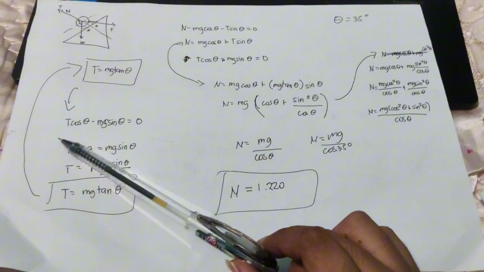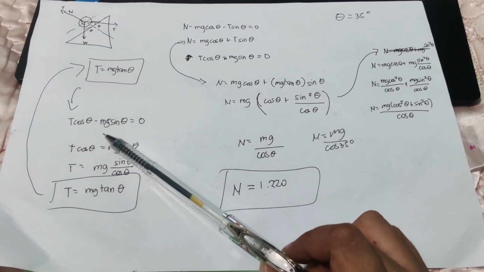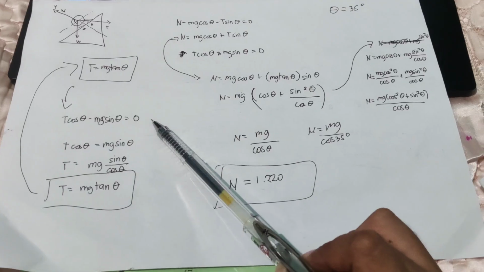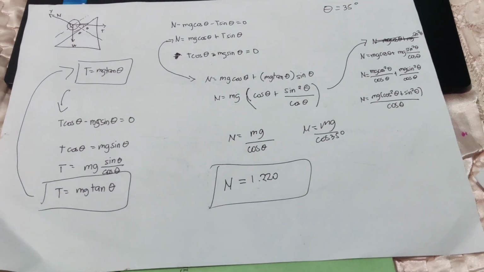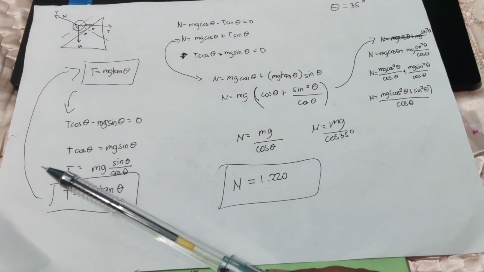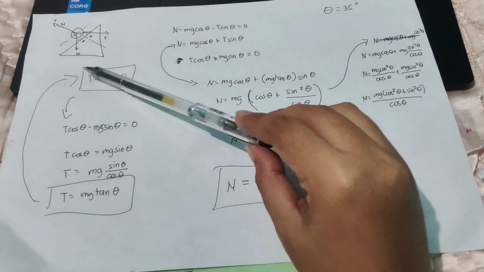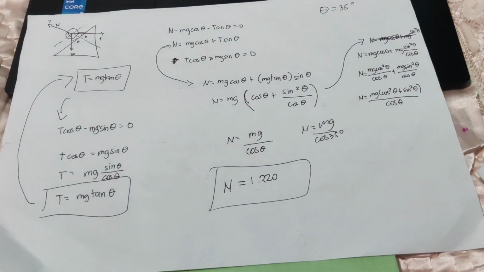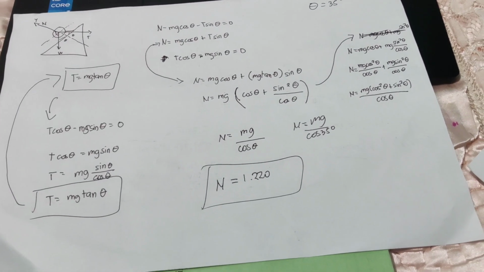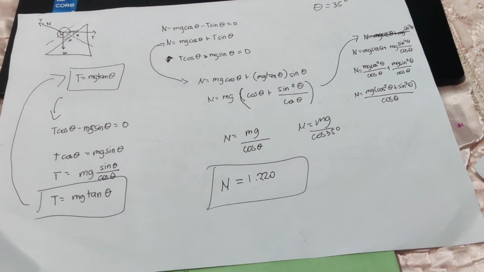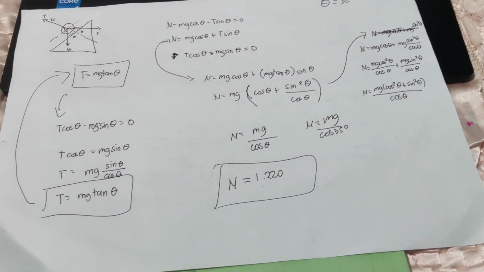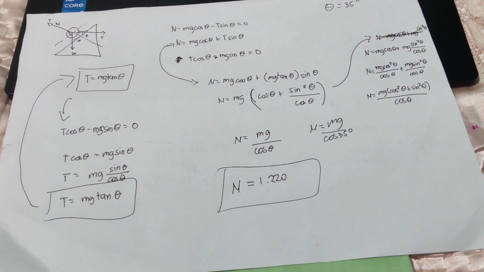Tension cos theta minus weight sine theta is equal to 0 because gravity has a downslope component, weight sine theta, and the horizontal tension also has a component up the slope, so tension cos theta. Because T is horizontal, the angle between T and the parallel direction is theta, so the parallel component is T cos theta.